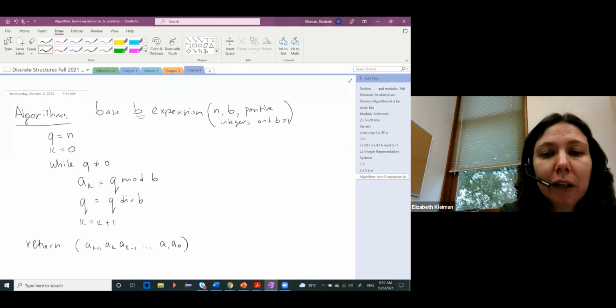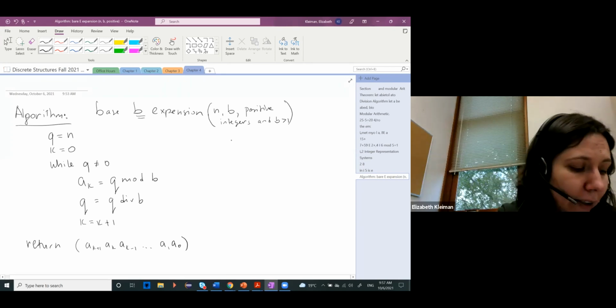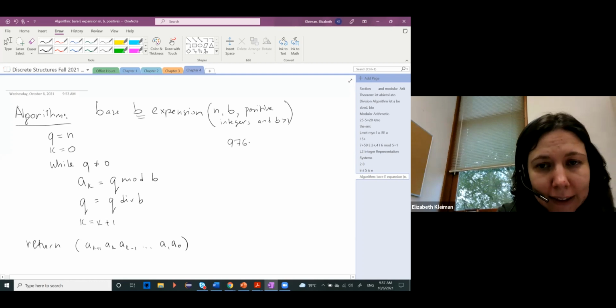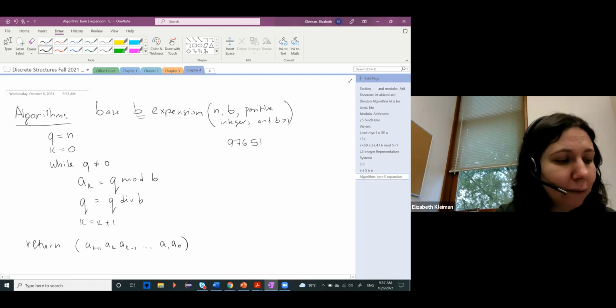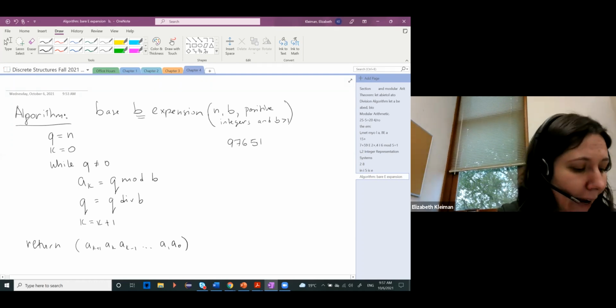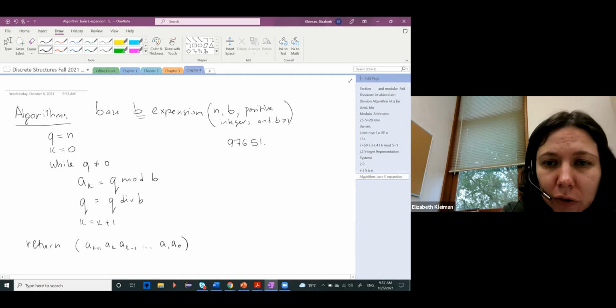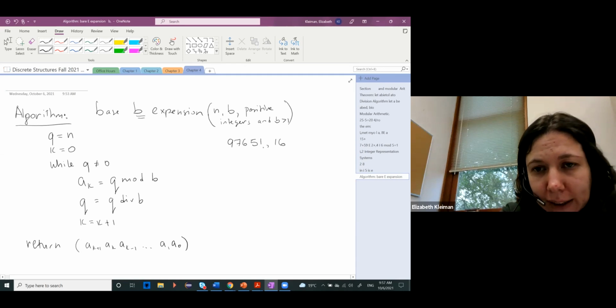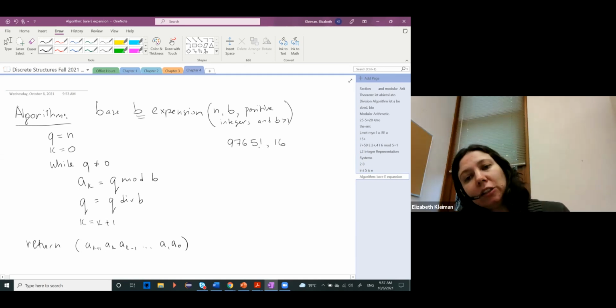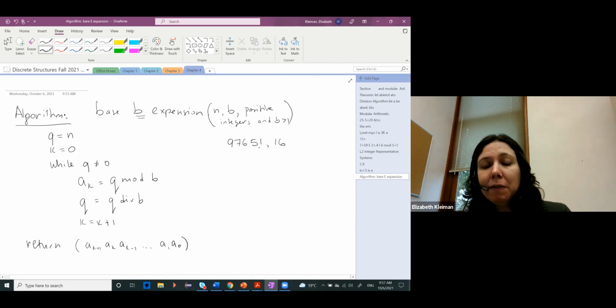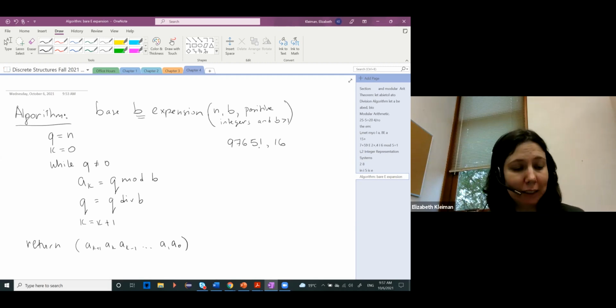Let's try it. Assume I'm going to give my algorithm 97651, and I am going to try and get it to base 16. So I have a traditional number 97651, and I want to get it to base 16.